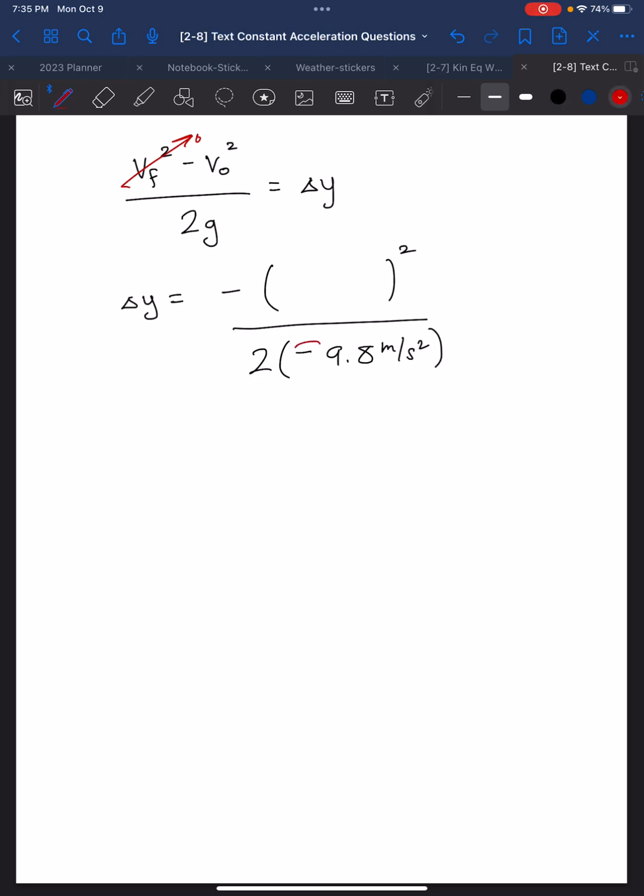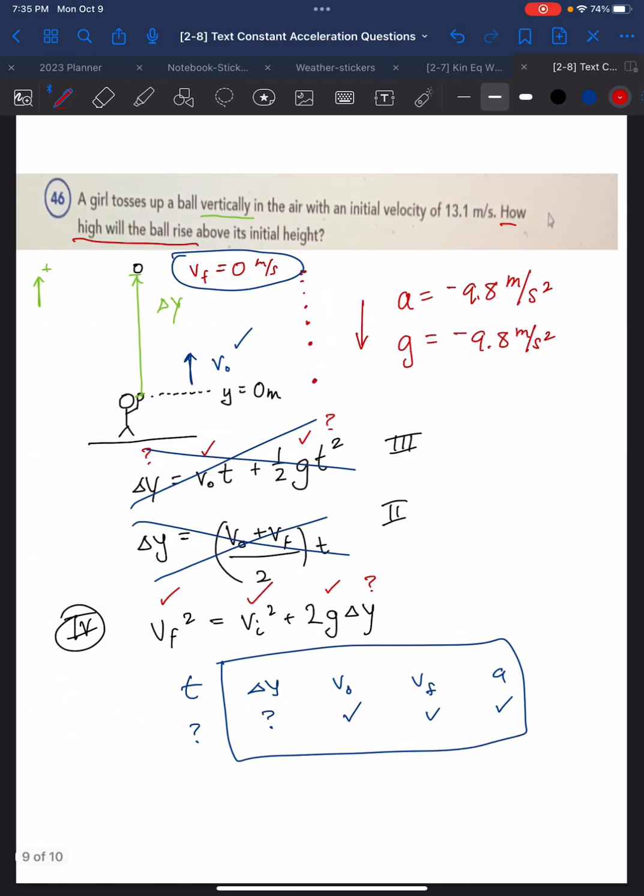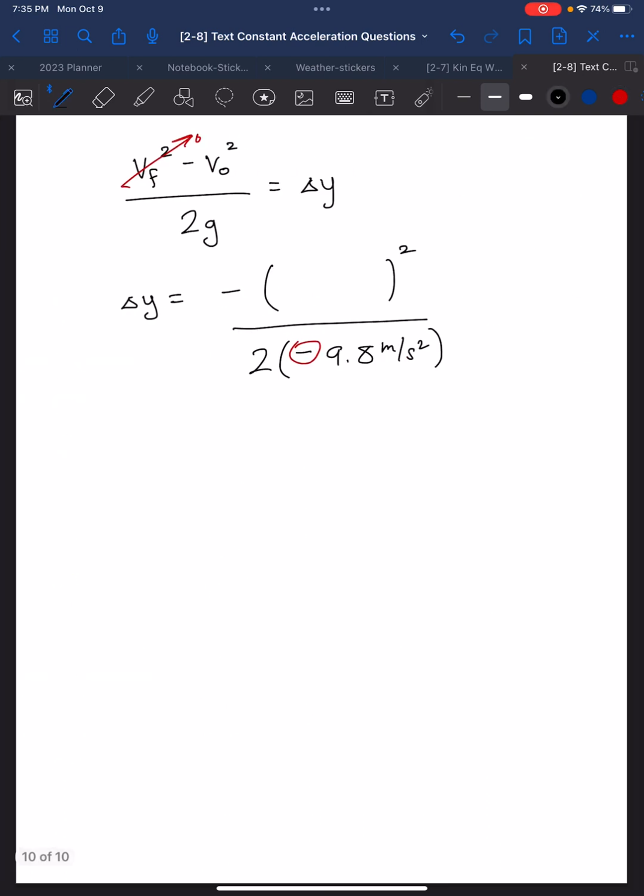Gosh, it's so easy to forget that. Initial velocity was 13.1 meters per second. Positive 13.1 meters per second. I already know that my units are going to end up being meters. I'm not even putting the negatives in there because I see that they cancel.